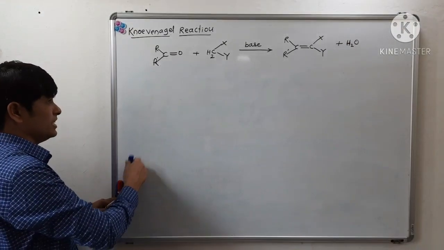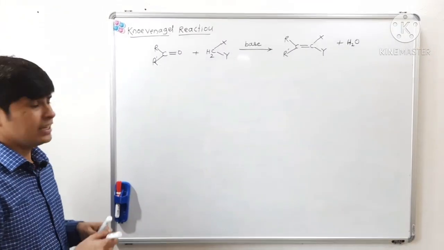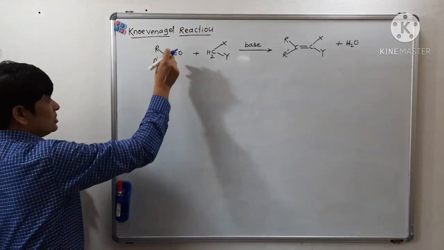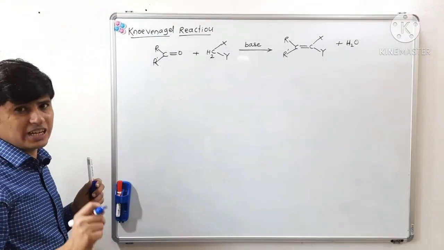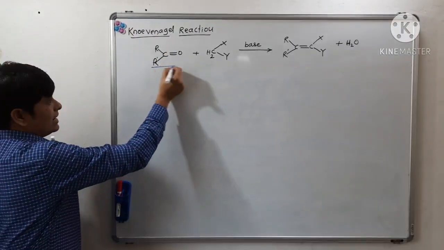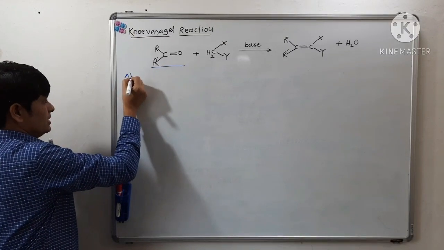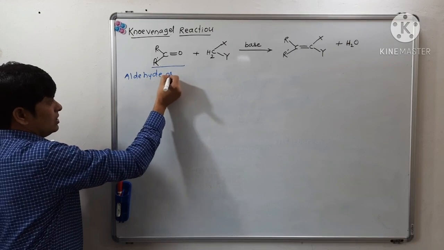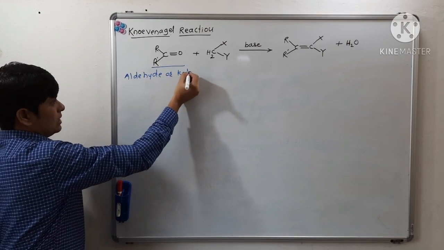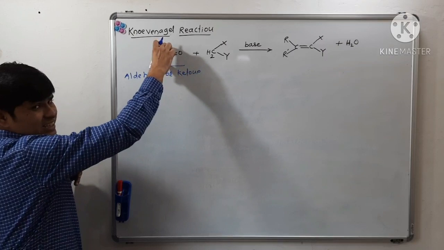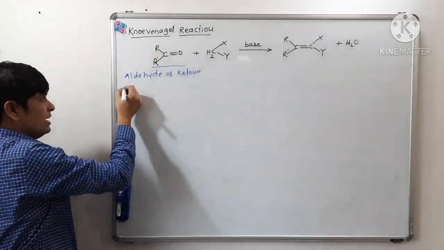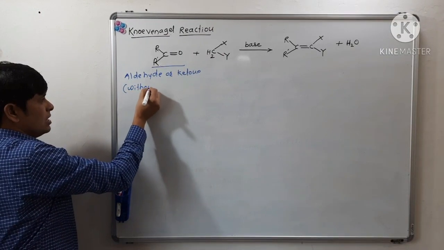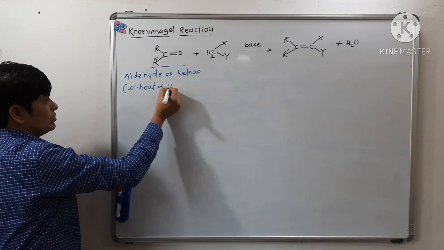Let us see what is the statement of this reaction. Okay, so we can say Knoevenagel reaction is a condensation reaction of an aldehyde or ketone. Either this will be an aldehyde or a ketone without alpha hydrogen atom.